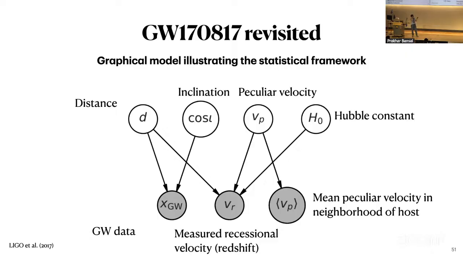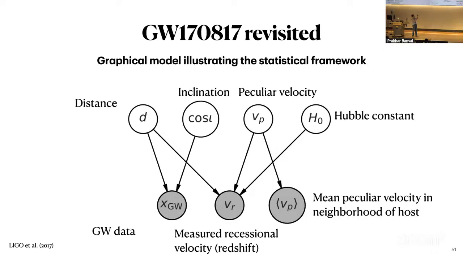Right, so here's a graphical model, often also called a directed acyclic graph or DAG, which illustrates the statistical framework that we used for the first standard siren measurement from the bright standard siren, the binary neutron star event GW170817.